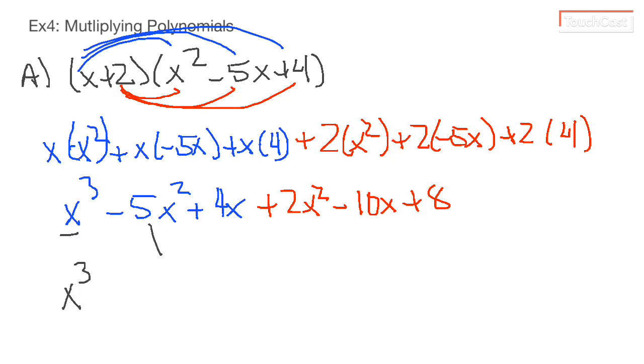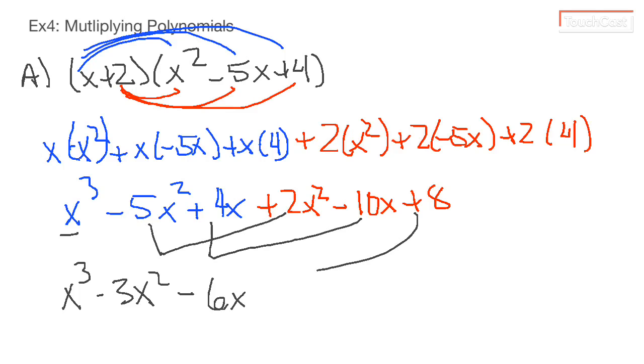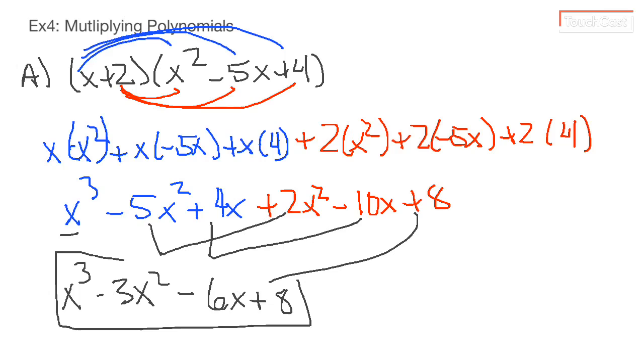Then I've got a negative 5x squared and a plus 2x squared. Well, negative 5 plus 2 is negative 3x squared. And then we've got a plus 4x minus 10x, which is going to give us minus 6x. And then we just have this leftover plus 8 we're going to bring down. So our answer is going to be x cubed minus 3x squared minus 6x plus 8.